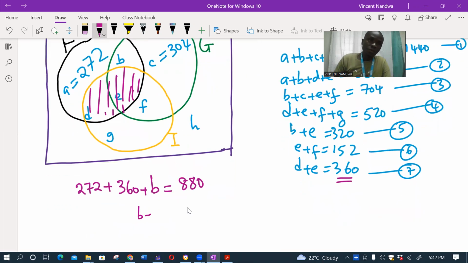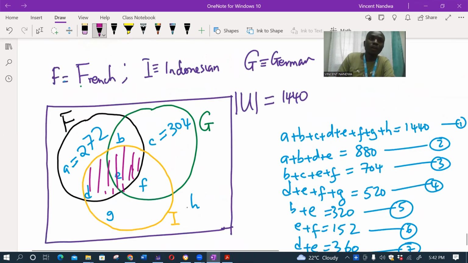So B will be 880 minus 632, which is 248. So you fill in 248 here.